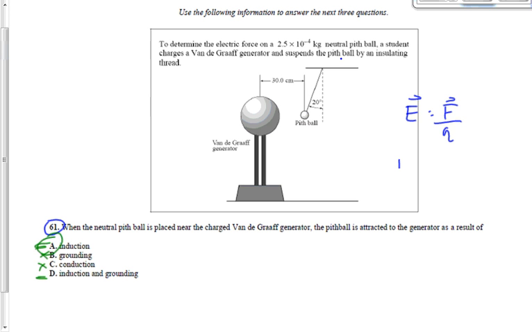So maybe if I know the electric field experienced by the pith ball, I can turn around and multiply the charge by that electric field to get the electric force. The problem I have with this is, again, the pith ball doesn't have a charge. The electric field strength, we don't know what it is, and we can't find the electric field strength without knowing the charge of the Van de Graaff generator, so that doesn't seem to work either. Any equation I have with the electric force in it doesn't seem to work.